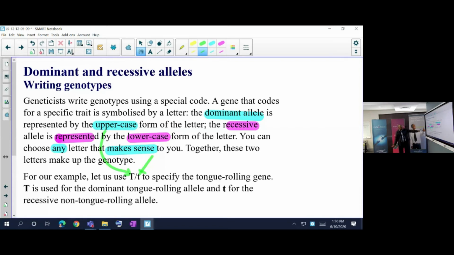Right. I have said here, choose any two, but I want to say choose letters of the alphabet in which the uppercase and the lowercase are structurally different. If you pick your letter as X for the uppercase and then X for the smaller case, does it work?